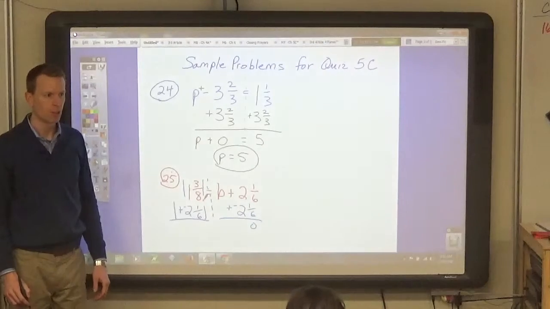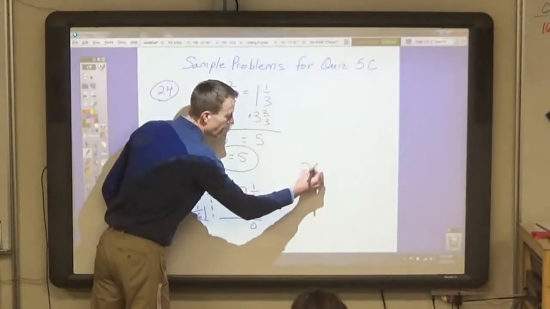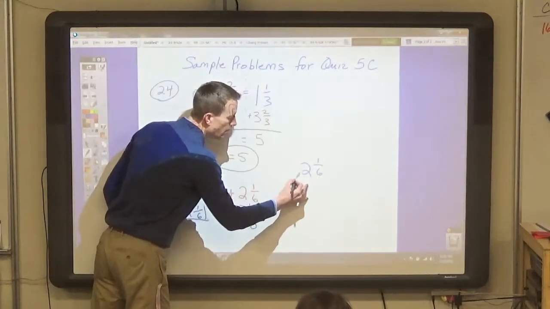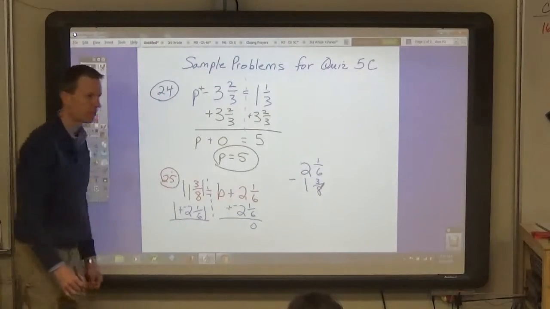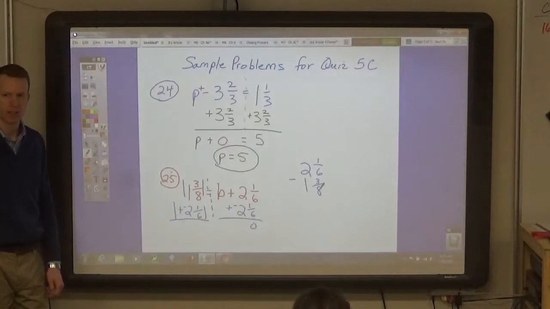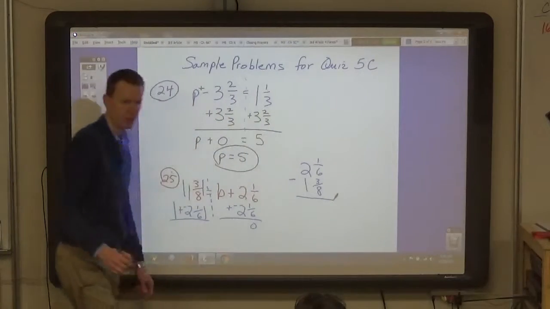Okay? So everyone, you have to write it this way: 2 and 1/6 minus 1 and 3/8. And then find a common denominator and get the difference. Okay?